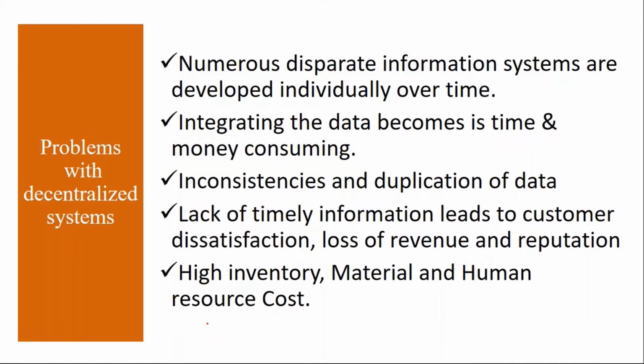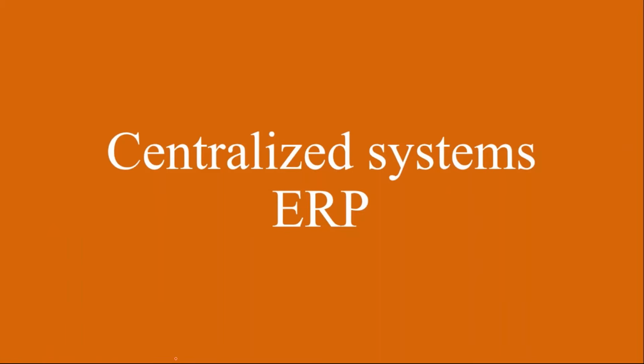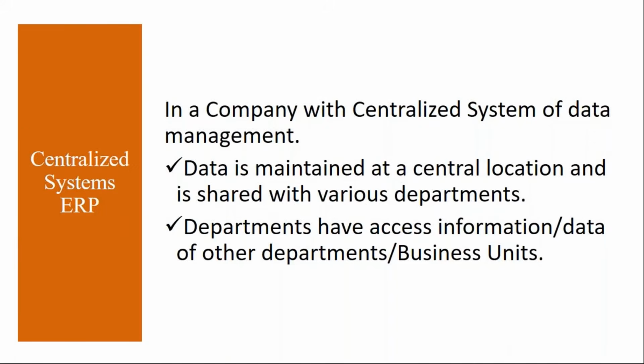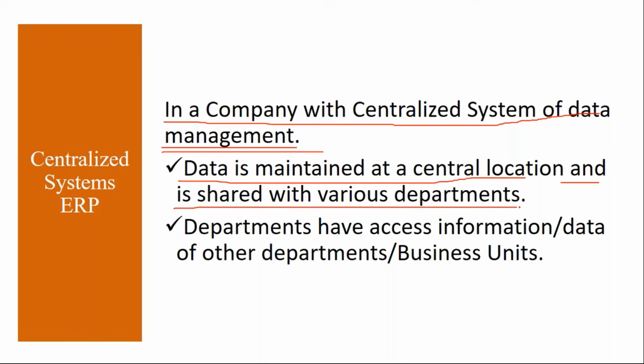So now the solution to overcome all these problems is to have a centralized system called ERP, Enterprise Resource Planning. So now we will talk about centralized systems. In a company with a centralized system of data management, data is maintained at a central location and is shared with various departments.